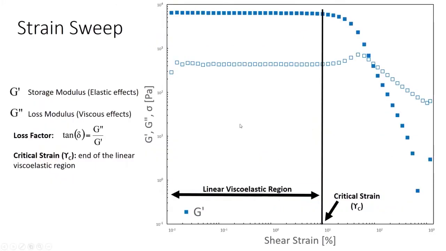So in the previous slide, each one of those oscillation measurements is one dot on this curve. So each measurement where we do the oscillation back and forth, we'll measure the stress, and then we'll come up with one data point of G prime and G double prime. So here we have a strain sweep measuring the G prime and the G double prime with respect to the shear strain percentage. So when we're analyzing a curve like this, we look at the region of linearity.